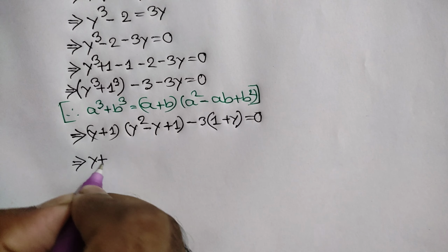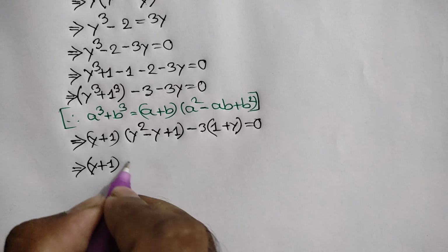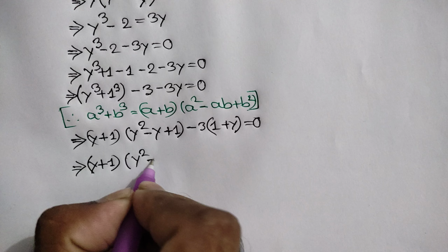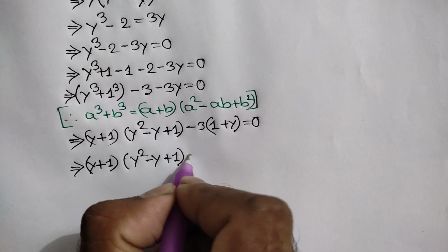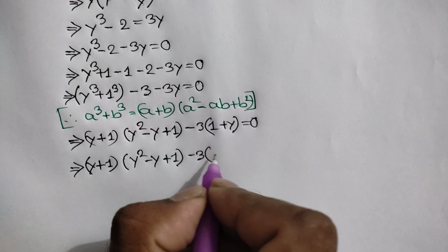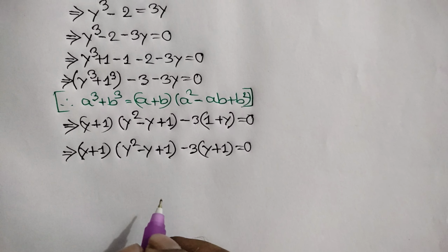Or y plus 1 times y squared minus y plus 1 minus 3, where 1 plus y can be written as y plus 1, is equal to 0.